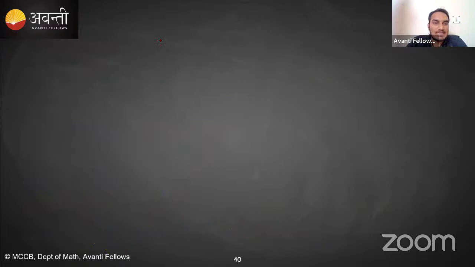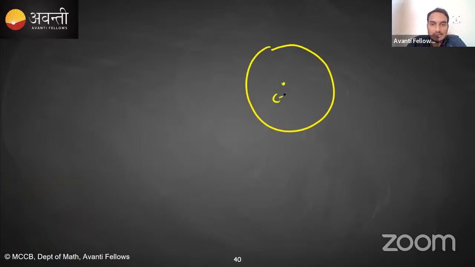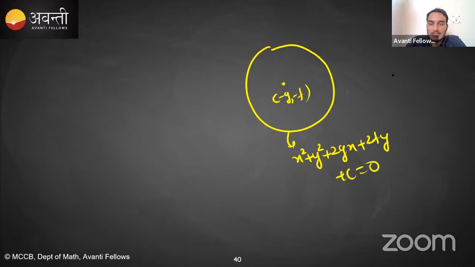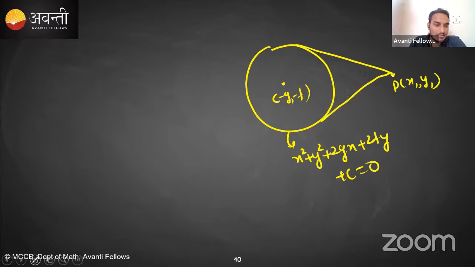Clear? Is that clear? So for the generalization purpose, let's say this is the center (-g, -f) for the circle x² + y² + 2gx + 2fy + c = 0, and this is the point, let's say (x1, y1).